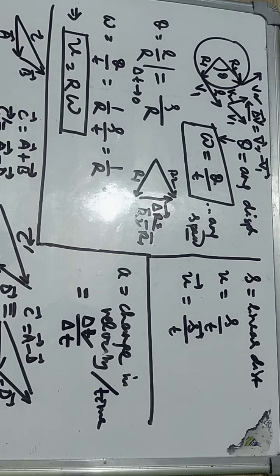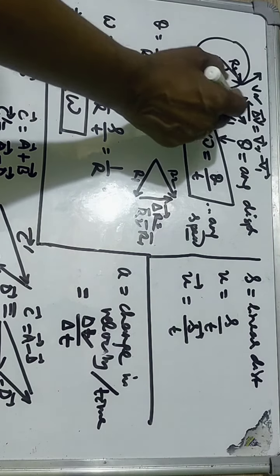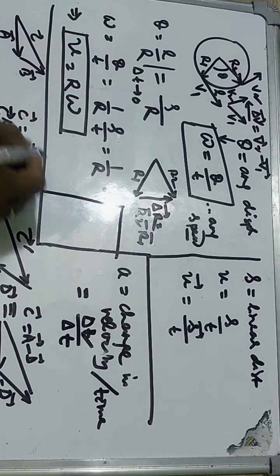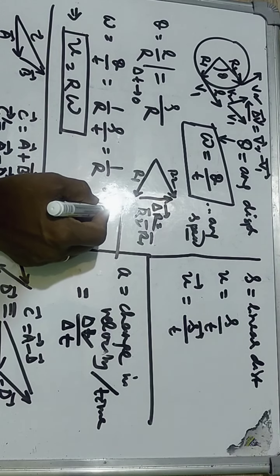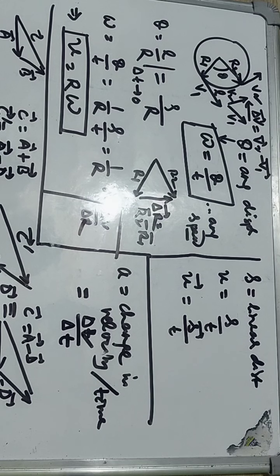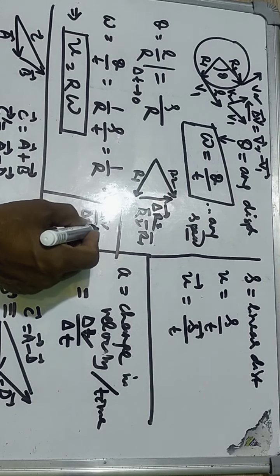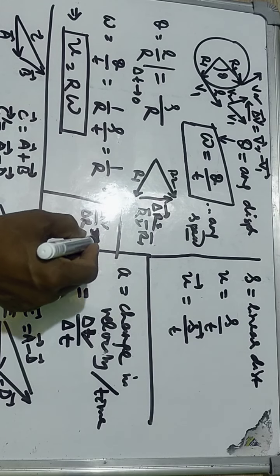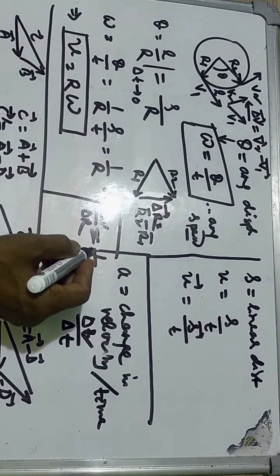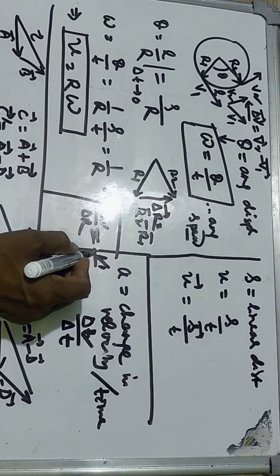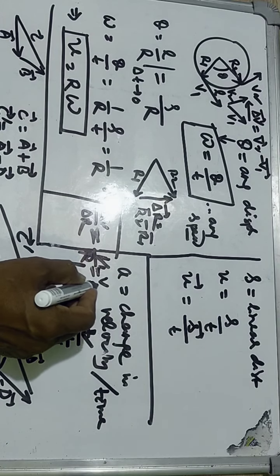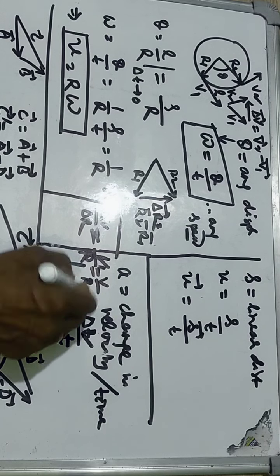Now comparing these two triangles, we find that delta V by delta r is equal to v1 by r1, and the magnitude of v1 is, let's say, v and r1 is r.